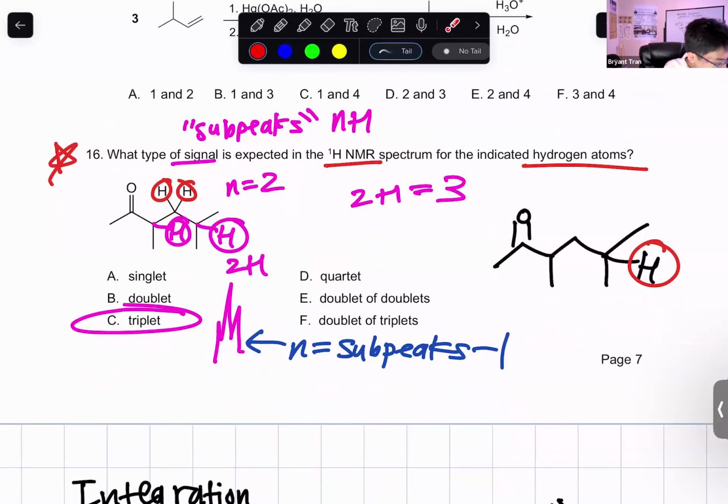Let's see. Two inducing percentage splits this into a doublet. Each line of this doublet is then split into a doublet. Oh, that's interesting.